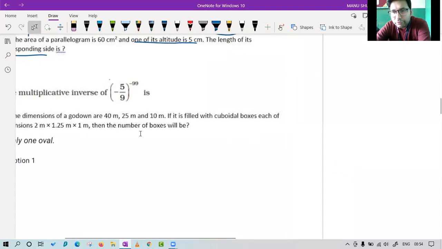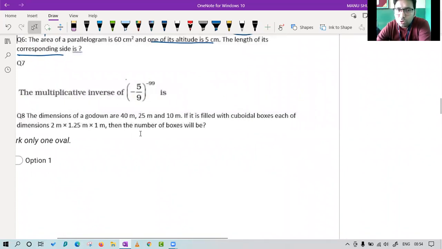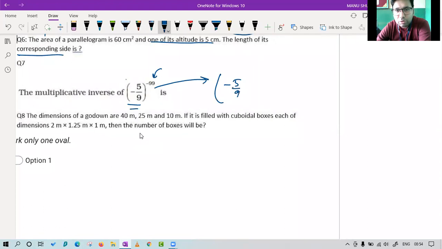First, I have told you to make the number normal because the power is negative. So this is not the correct form for us first. First, we will make it normal. Sorry, we have to reverse because the power is negative. That's why I can write the number as 9 upon 5 power 99. Can we say this is the actual number?